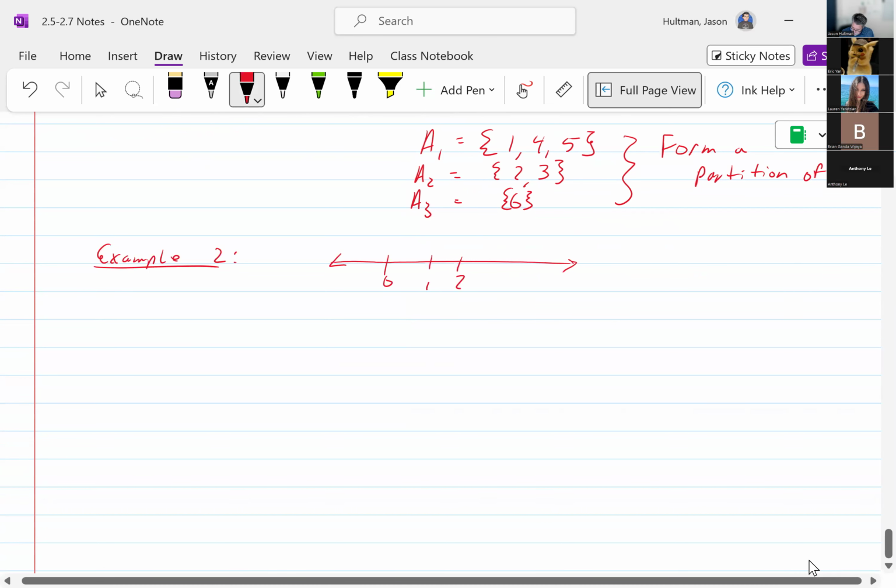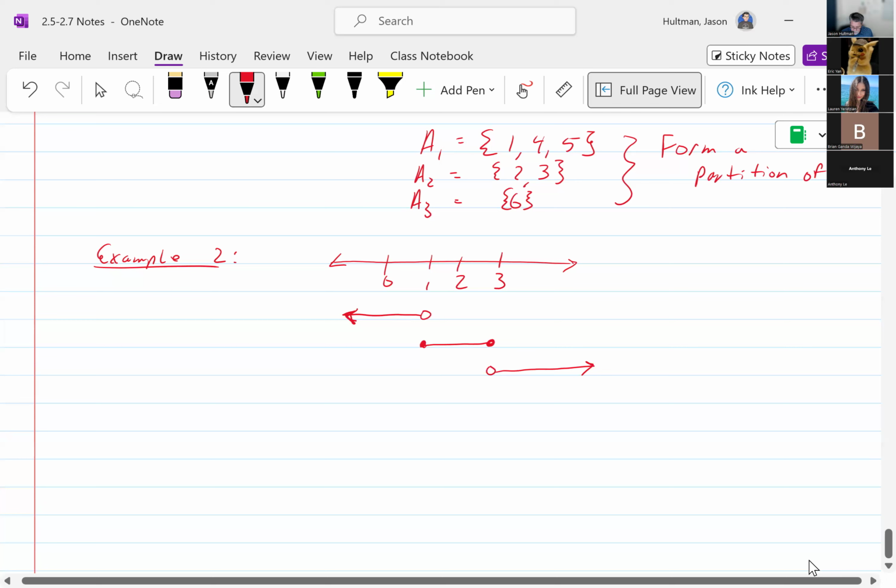We could have an open circle with an arrow going this direction for one piece. We could have a closed circle going to 3 for another piece of the number line. And then we could have a third partition.